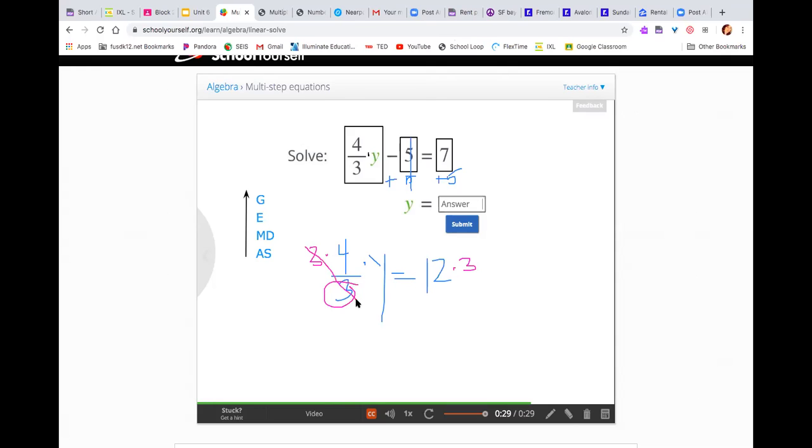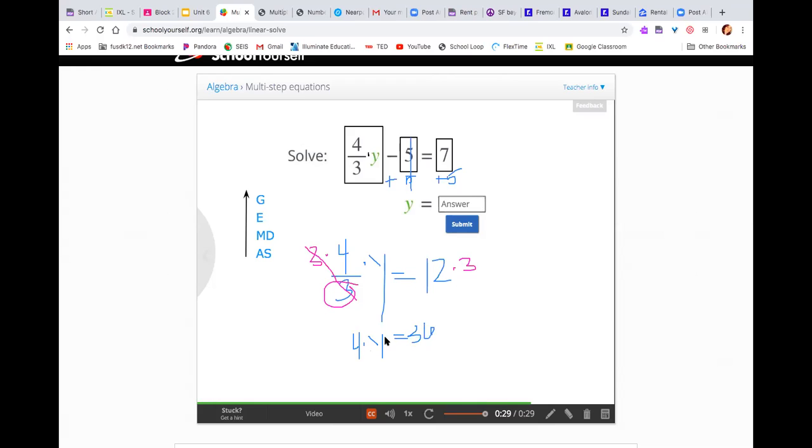These 3's cancel out. Now I have 4 times y equals 12 times 3. 12 times 3 is 36.